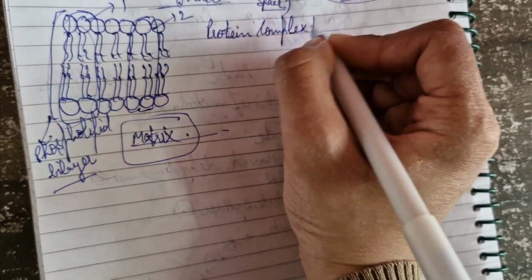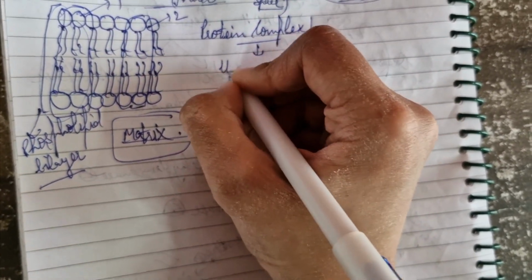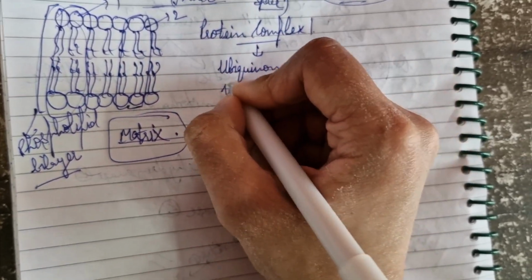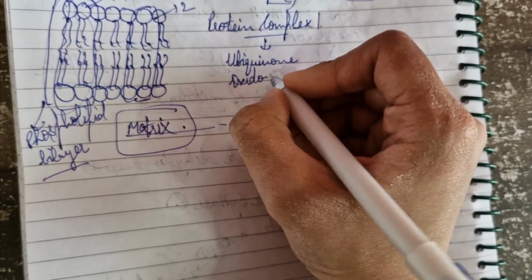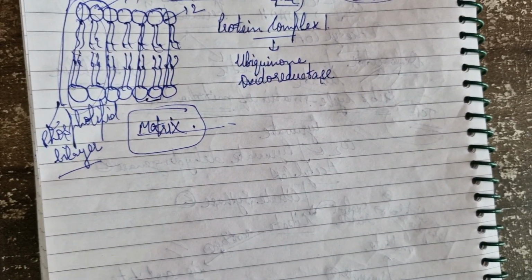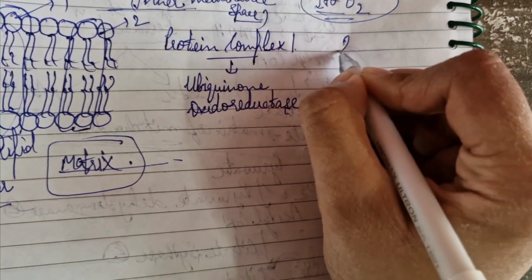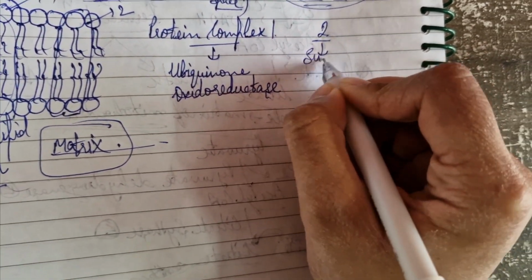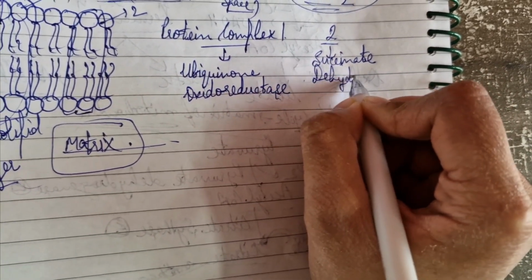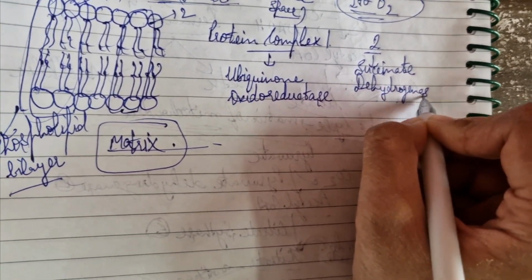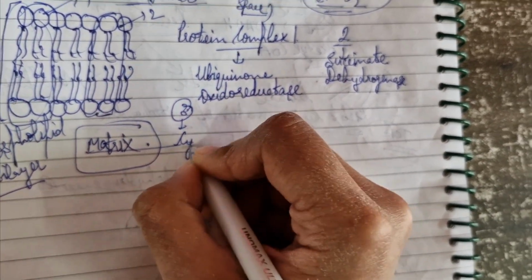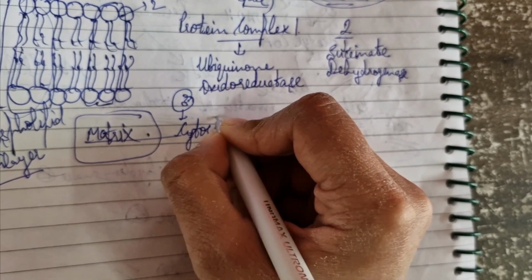For instance, protein complex 1 is ubiquinone oxidoreductase. Protein complex 2 is succinate dehydrogenase. Protein complex number 3 is cytochrome C reductase.